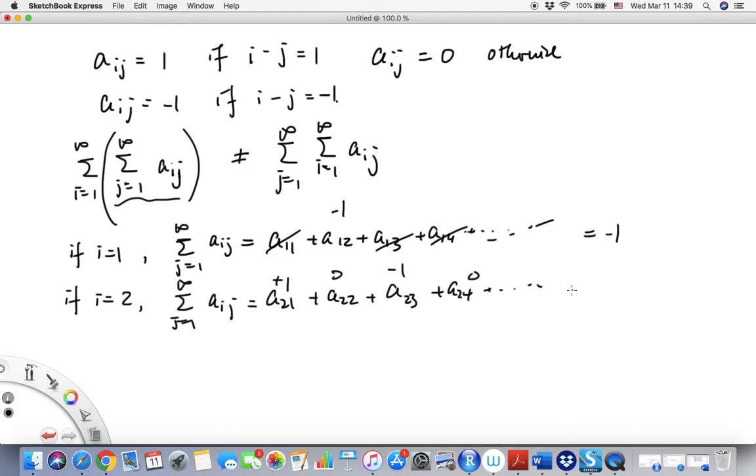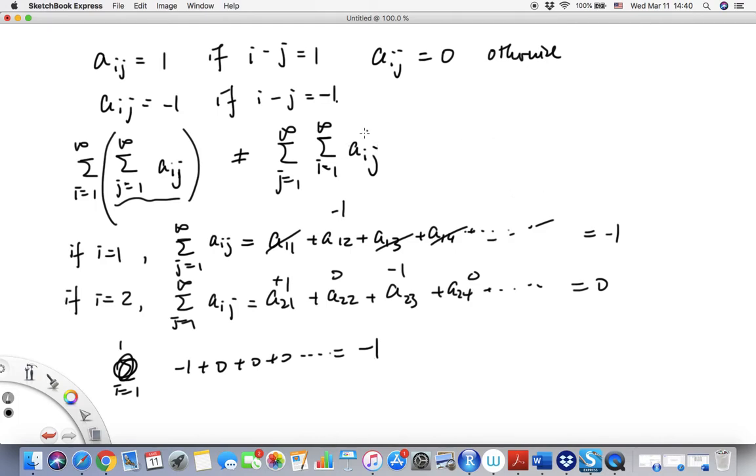So this is 0. And similarly, you can see if i is equal to 3, this sum is also 0. So in fact, the thing on the left-hand side is the sum over i from 1 to infinity, or really it's just minus 1 plus 0 plus 0 plus 0. So the result is minus 1.